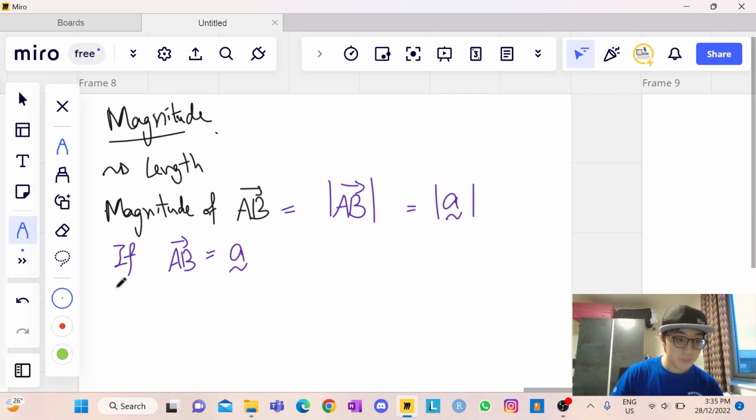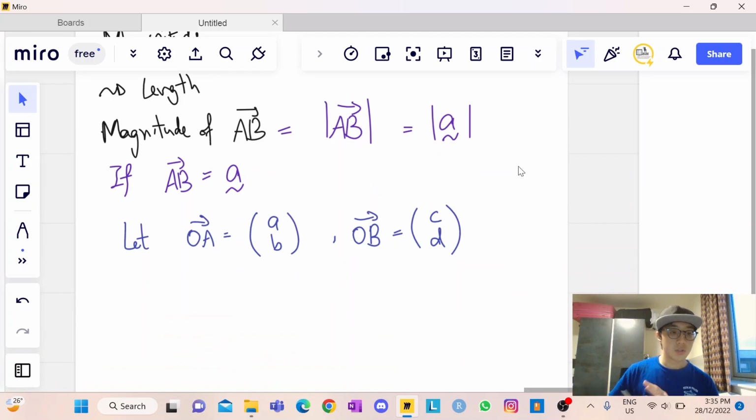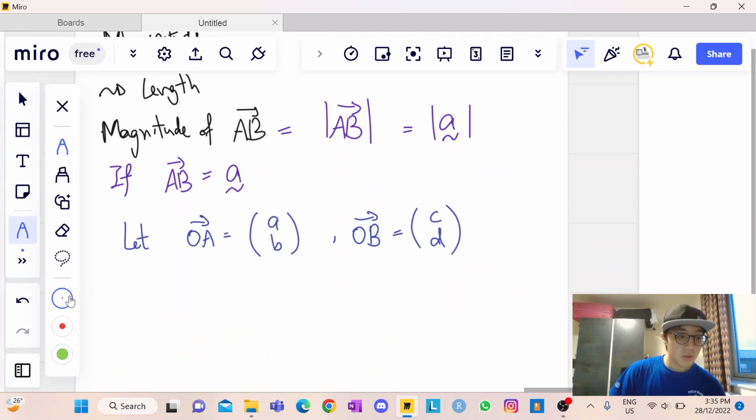So now let OA, the position vector of A, be (a, b) and the position vector of B be (c, d). They are just random values. The question wants you to calculate AB.